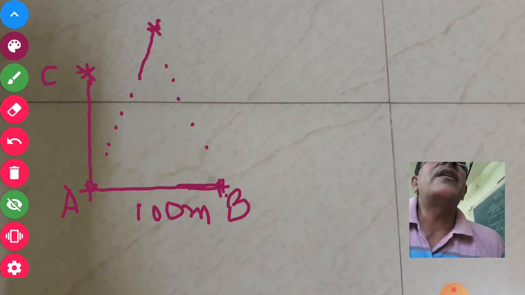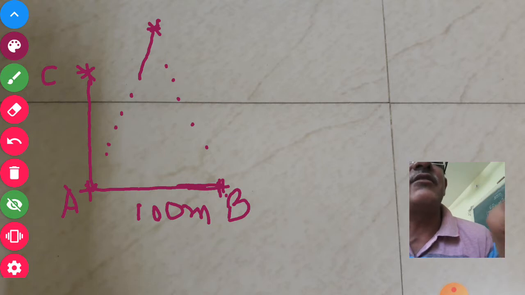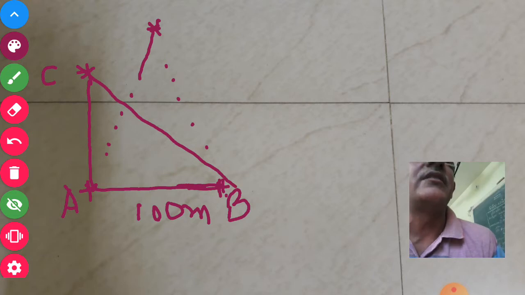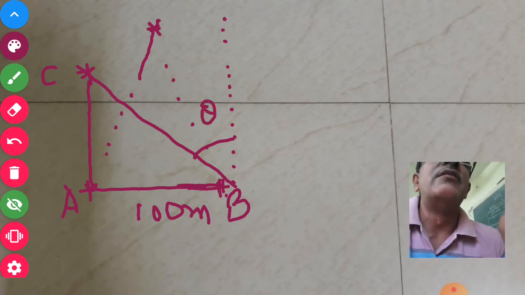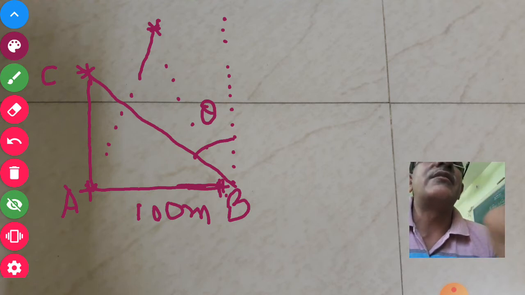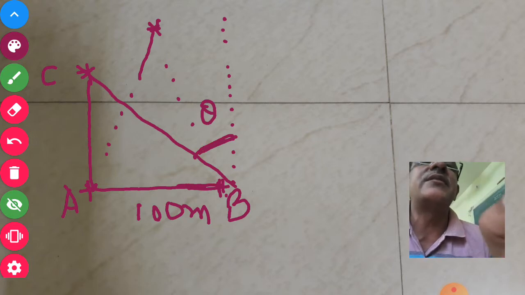But he finds the line of sight of C. If he views from this point, then that point C can be seen by that person at a certain angle theta, and that theta is how much he has to look towards, or how much he has to change his face if he wants to see the tower.